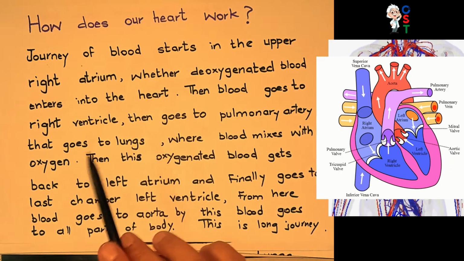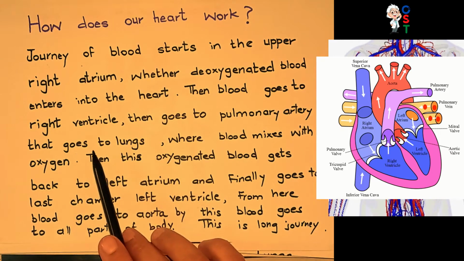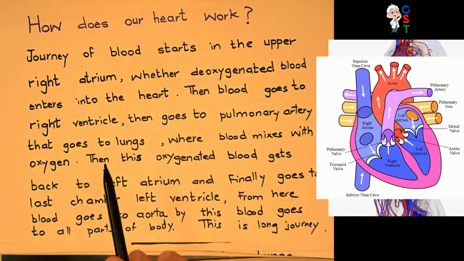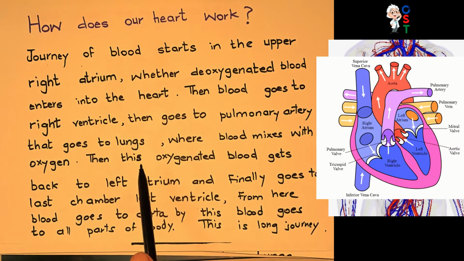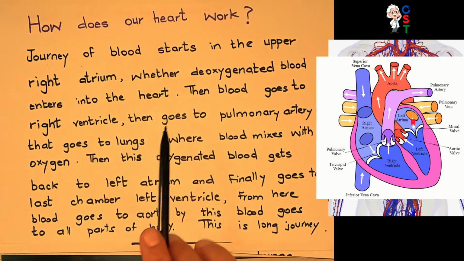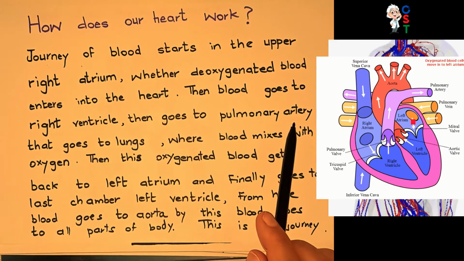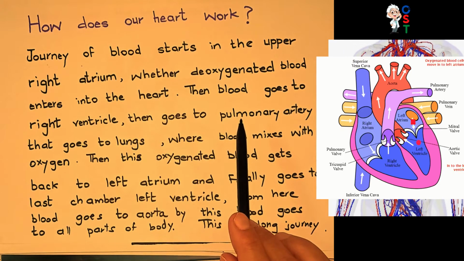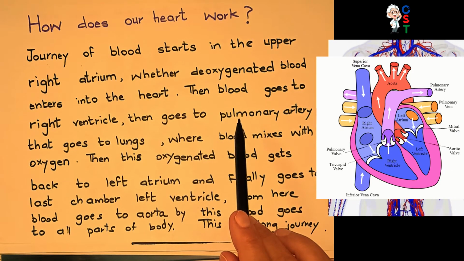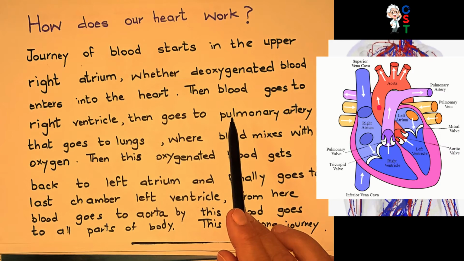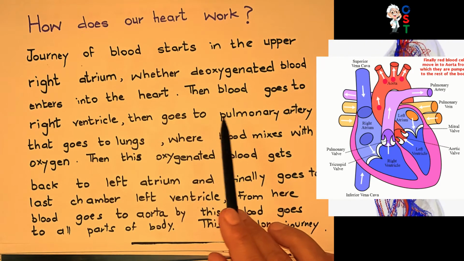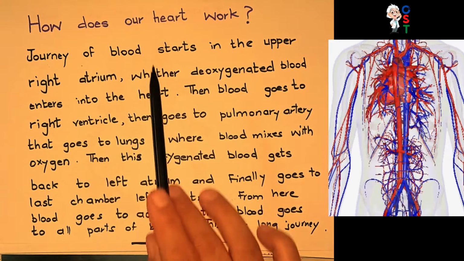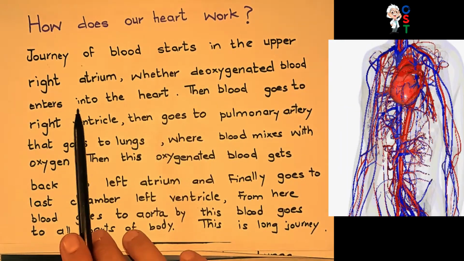Lungs have a lot of oxygen, so they mix this oxygen with blood and the blood becomes oxygenated. So the pulmonary artery is the artery that has deoxygenated, oxygen-poor blood.